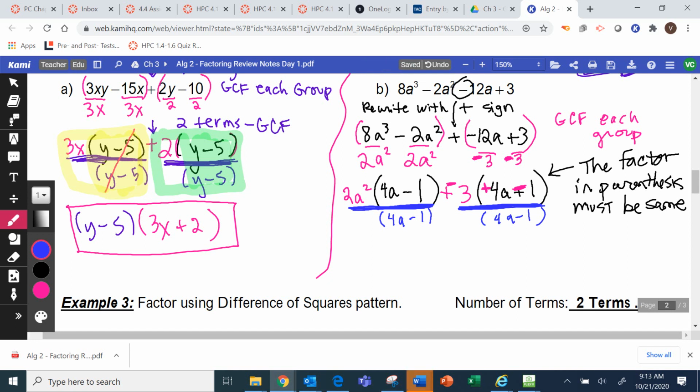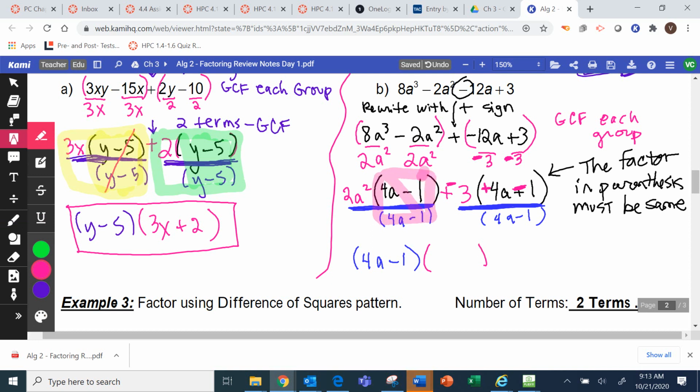I'm going to put it in front of a parenthesis. 4a minus 1. I'm putting that in front of a parenthesis. What goes inside that parenthesis? What's left over when I take out 4a minus 1? What's left over? Ella, what's left over?